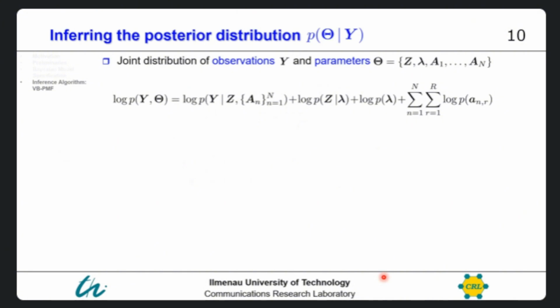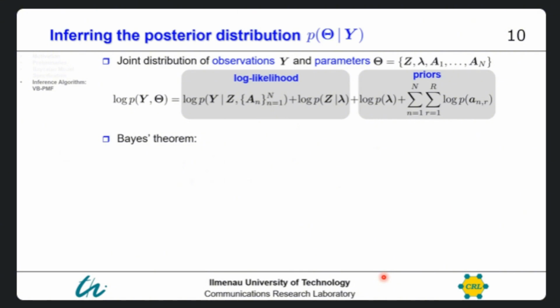So this is the joint distribution of the observations and the parameters. It has 2 parts. We have the log likelihood, which we've looked at before, and we have the prior distributions. And then via Bayes' theorem, we can learn the posterior distribution.